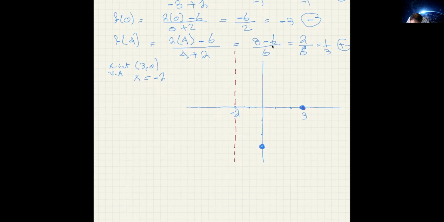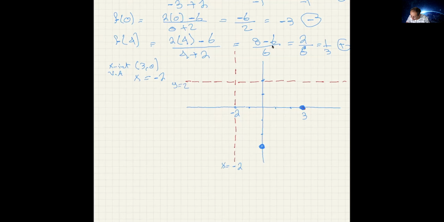This is 1, 2. Now let's write this down. This is y equals 2, and this is x equal -2.